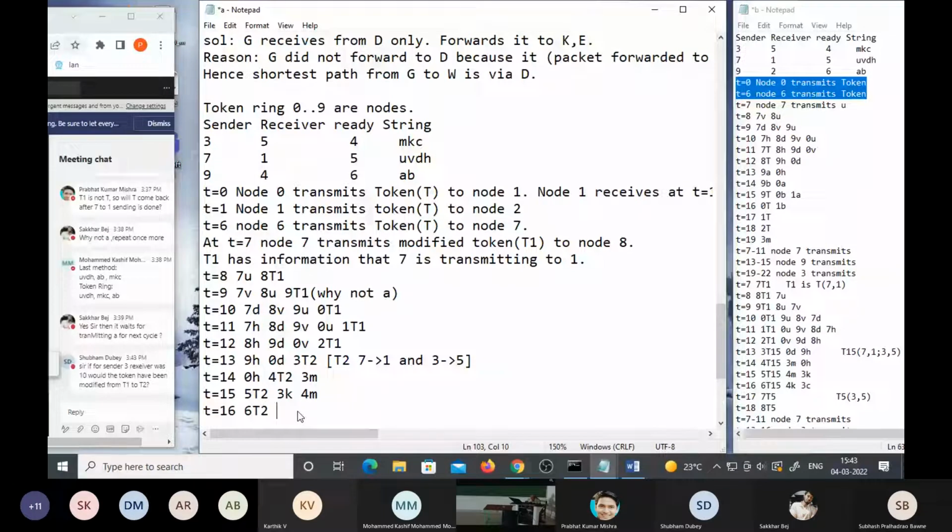Six will transmit T2. 3 will transmit C. 4 will transmit K.